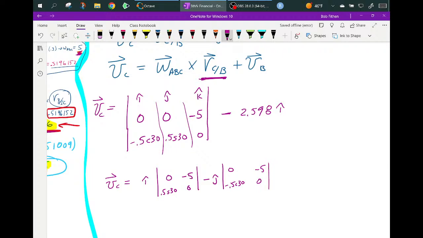And there is no K because if you do cofactor expansion here, what's left is a 2 by 2 with a 0 determinant.